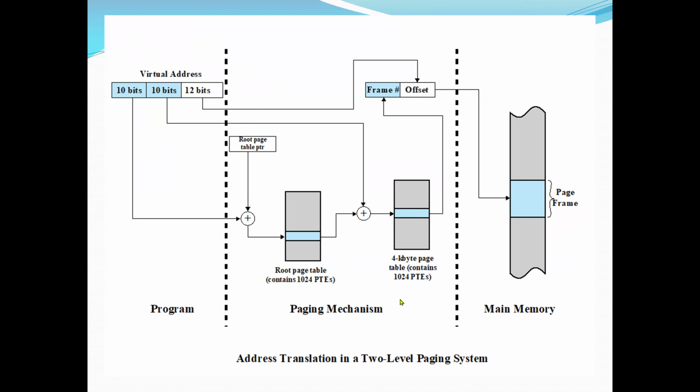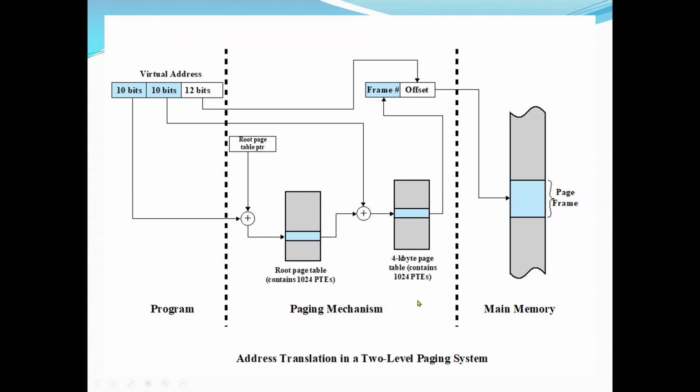If that page is not in main memory, then a page fault occurs. But if that page is in main memory, then the next 10 bits of the virtual address index into the user page table page to find the PTE for the page that is referenced by the virtual address.